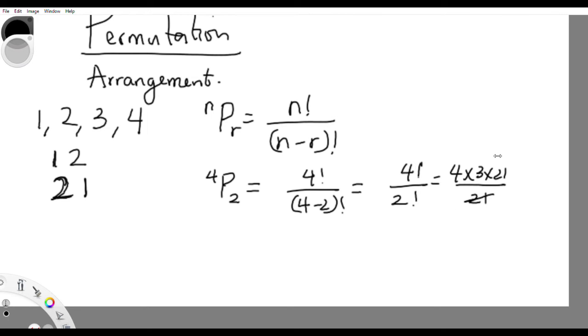That's 4 times 3, and it is 12. So that's permutation and that's combination.